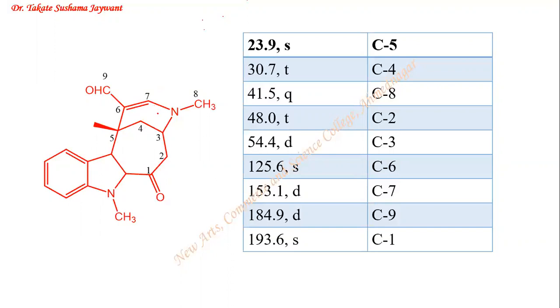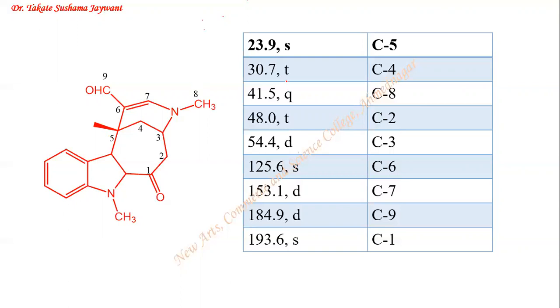So now we have to start with the most shielded signal, 23.9 singlet, as we have the carbon atom number 5. That is the only carbon atom among the numbered carbon atoms that will give me a singlet in this region. So the first signal corresponds to this aliphatic sp3 hybrid carbon atom C5.